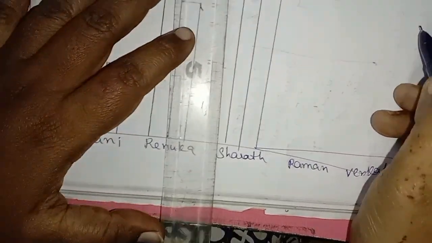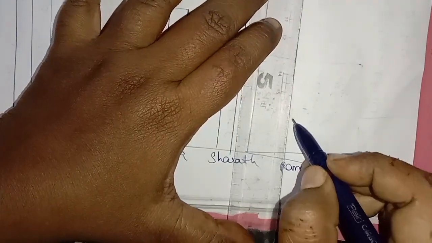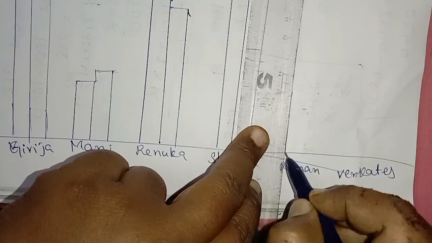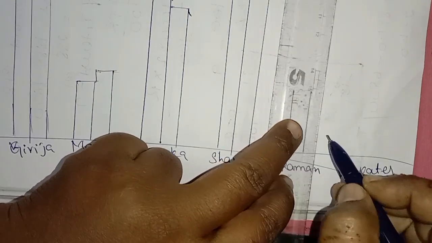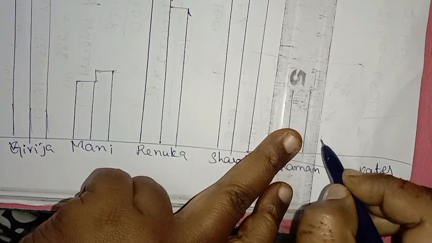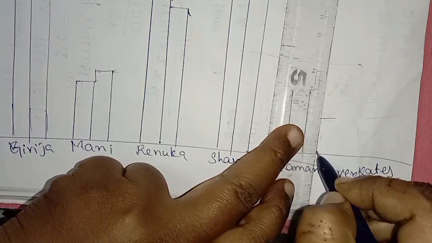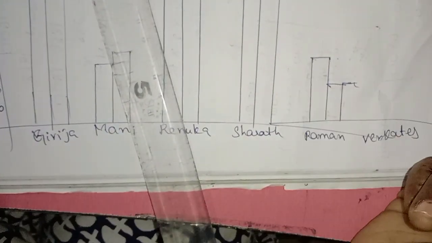Renuka finished. Raman 35, 22. 35 you will get here, and 22 means somewhat very less. So this is your diagram.